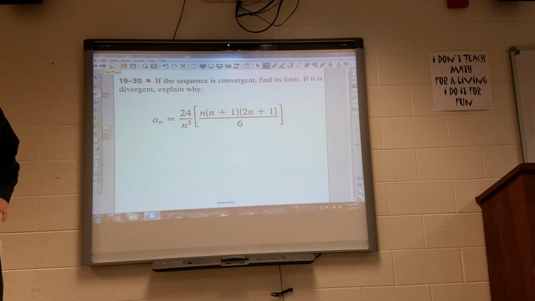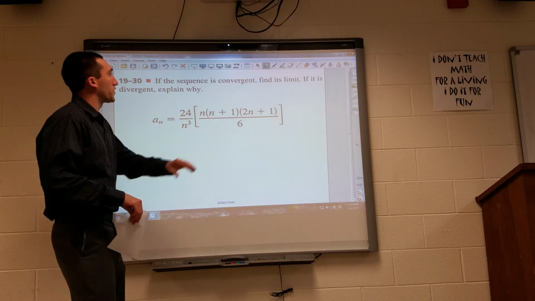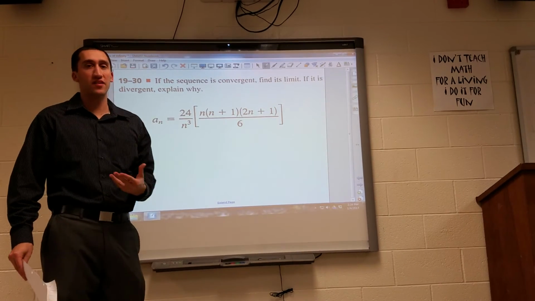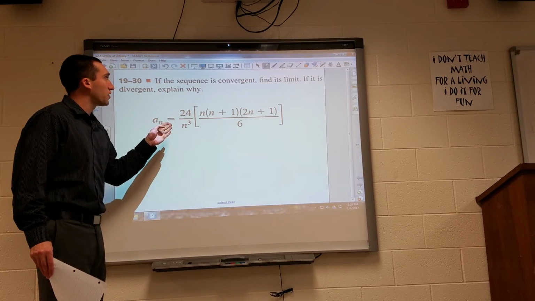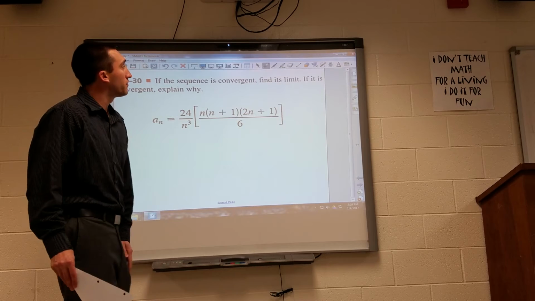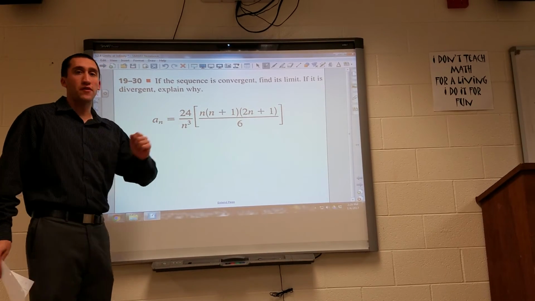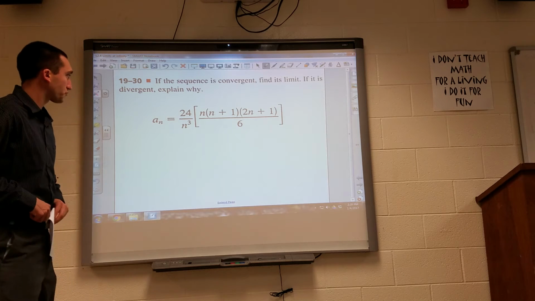Now they want us to know if the sequence is convergent or divergent. So if it's convergent, that means it has a limit. If you can do the limit of a sequence, then that means that it is convergent. If you can't find the limit, then it's divergent, and you have to explain why, at least in these examples here.